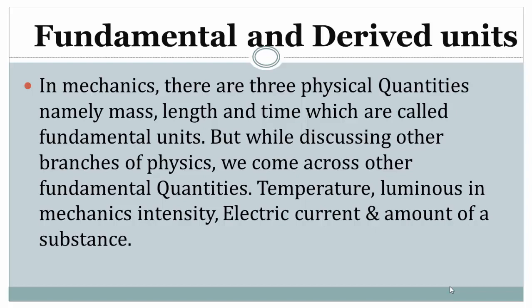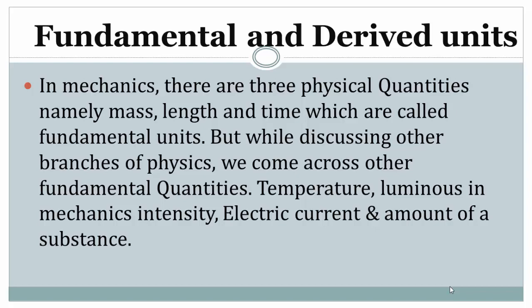So there are three physical quantities, namely mass, length and time, which are called fundamental quantities. Fundamental units are the ones given for a fundamental physical quantity. These units are defined independently.